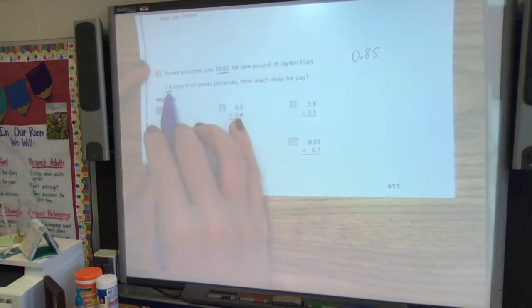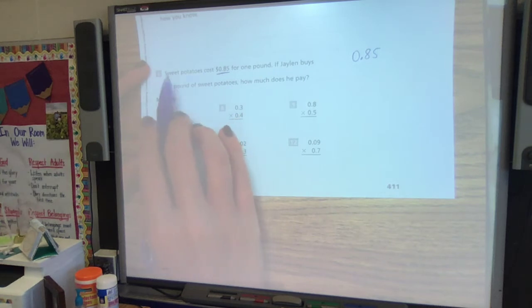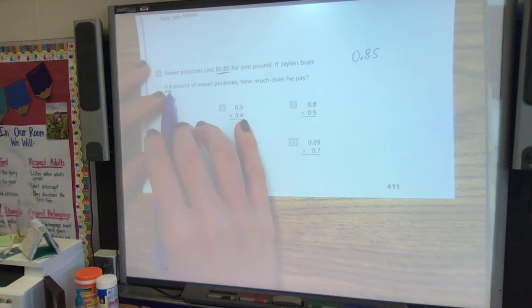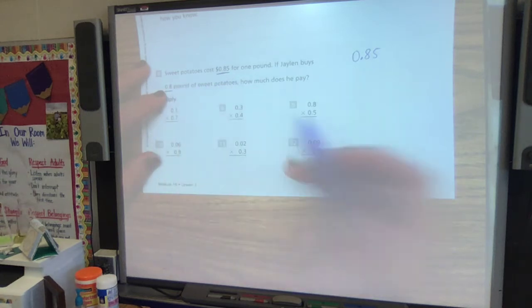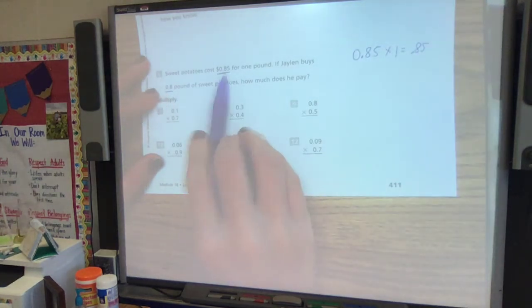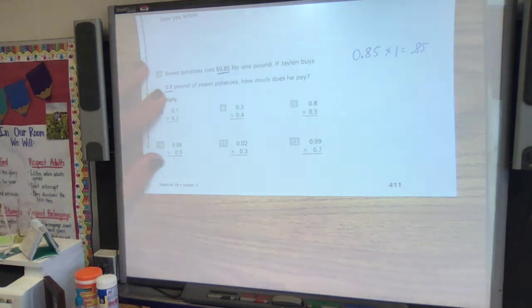Jalen bought 1/10, so he didn't even buy 1 pound. He bought less than 1. So that means my answer is going to be less than 85 cents because I'm not even multiplying by 1, I'm multiplying by something less than 1. Just like 85 cents times 1 is 85 cents. But 85 cents times something less than 1 would give me a number less than 85 cents.